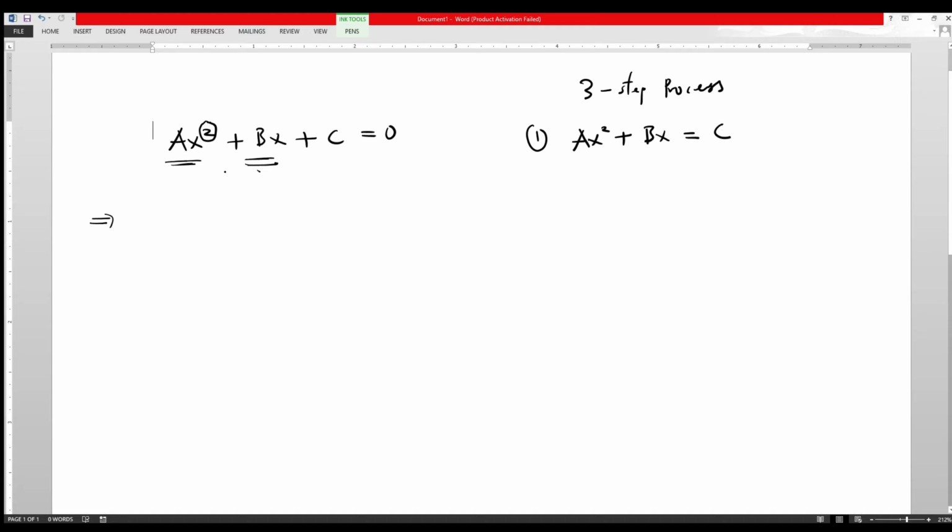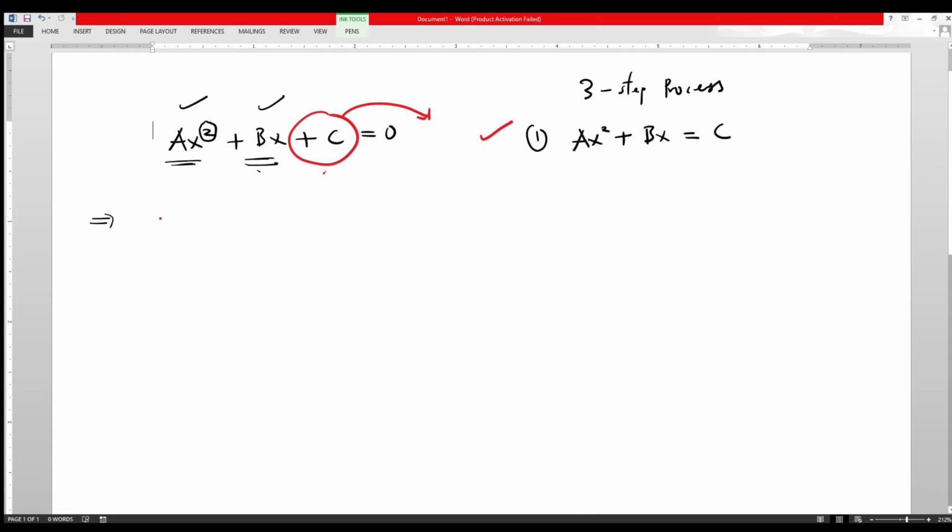Okay, so looking at this equation, it has to be in the form ax squared plus bx, and then c is on the right hand side of the equation. So it means we need to move the c to the right so that we satisfy step 1.